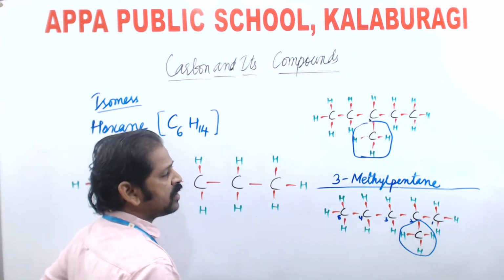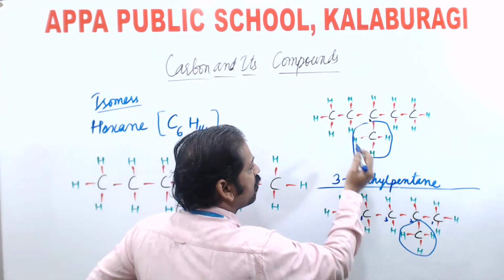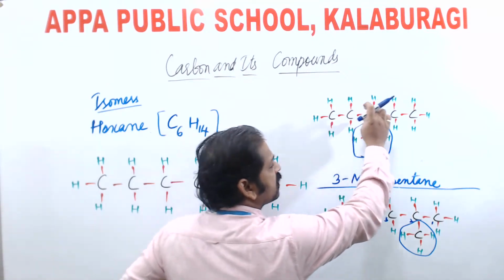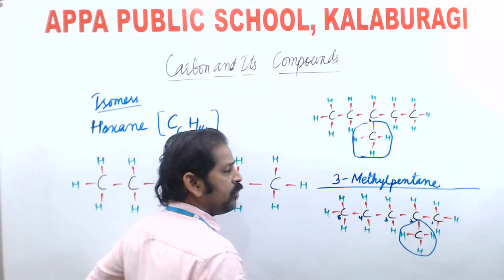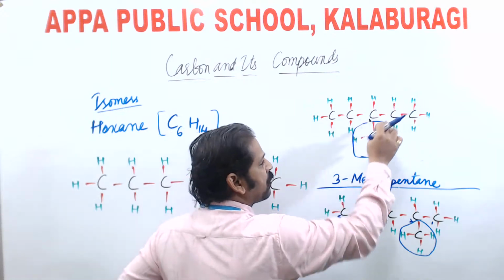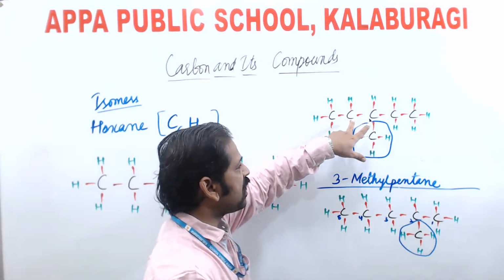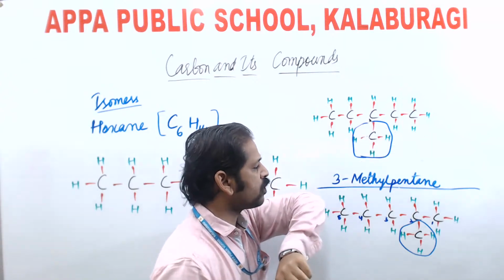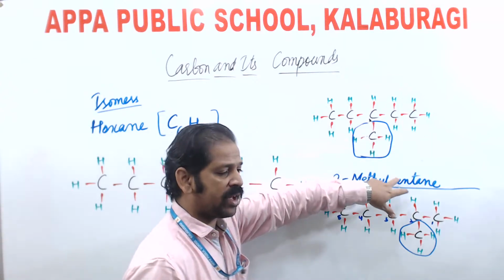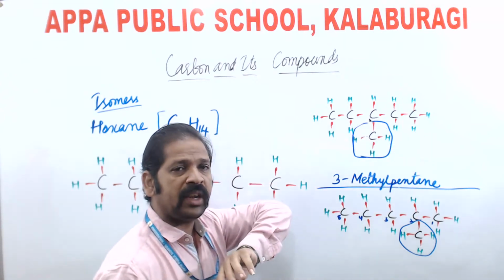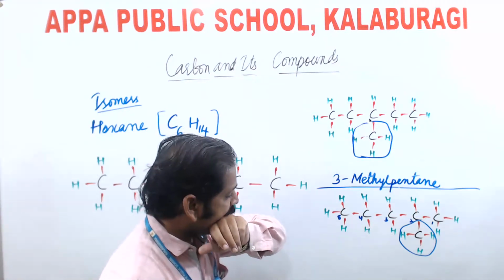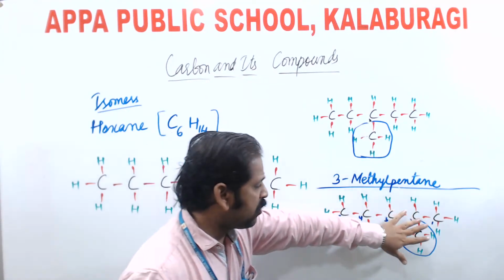Third position of the carbon is called 3-methyl. In the parent chain, we are having 5 main carbons with all single bonds, so it is called 3-methyl pentane. Now we are having one more chemical.